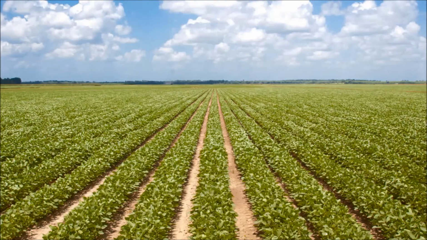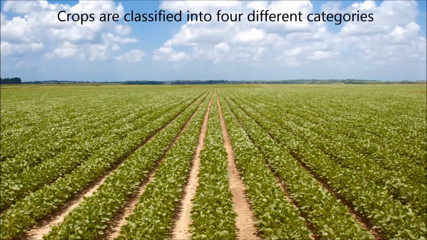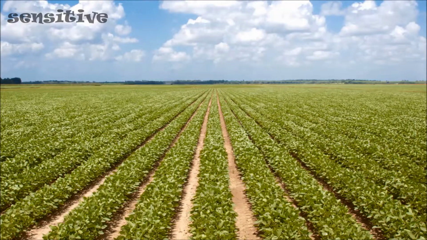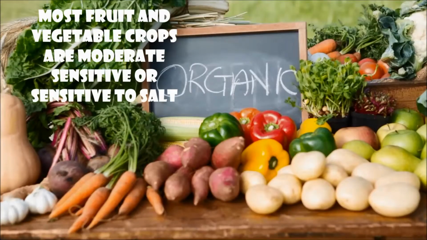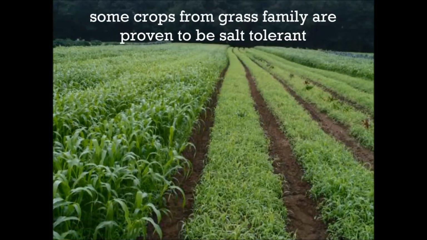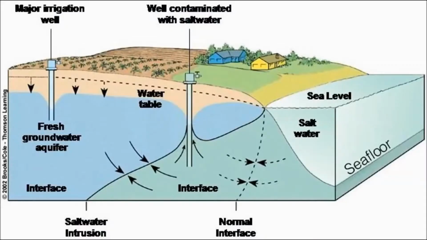Agriculture. Crops are classified into 4 different categories: sensitive, moderately sensitive, moderately tolerant, and tolerant. Most fruit and vegetable crops are moderately sensitive or sensitive to salt. Some crops from the grass family are proven to be salt tolerant.